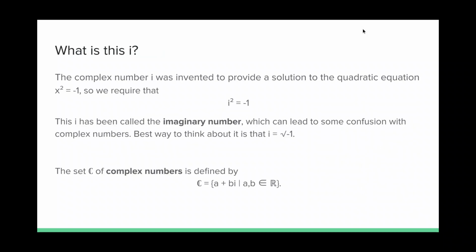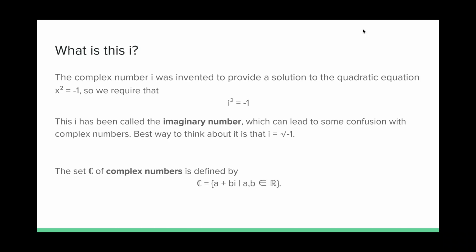So what is i? Why do we have this imaginary axis? The complex number i was invented to provide a solution to the quadratic equation x squared equals minus 1. That requires that i squared equals minus 1. It can be useful in a lot of complex stuff, and we learn it at this level so we can apply it and get a better understanding of how the world works.